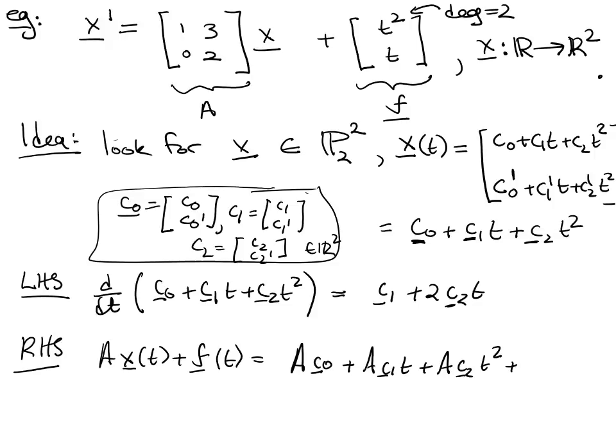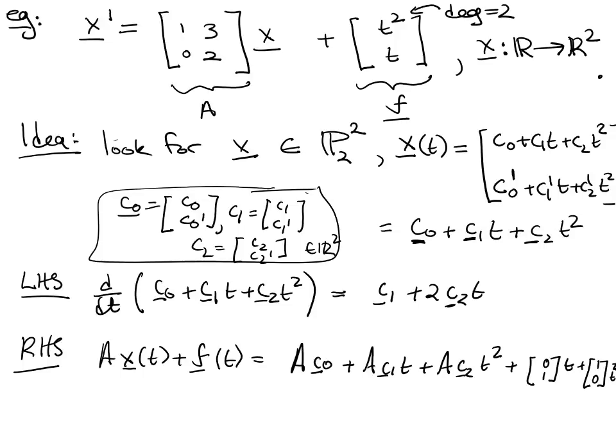And now again, I'm going to write f slightly differently. F was given as a vector of polynomials. I'm going to write it as a polynomial whose coefficients are vectors. So f is just going to be the vector 0, 1 times t plus the vector 1, 0 times t squared. Okay, so I've written both the left-hand side and the right-hand side as polynomials whose coefficients are vectors.